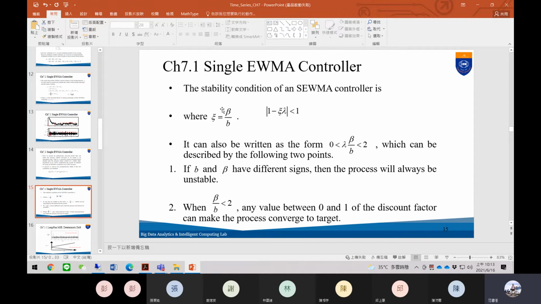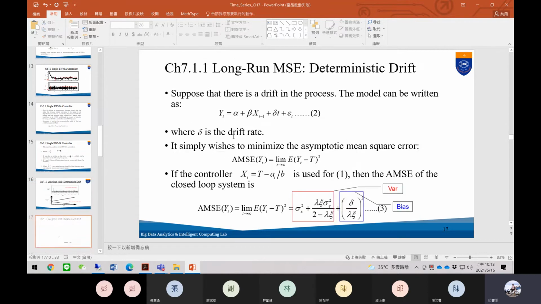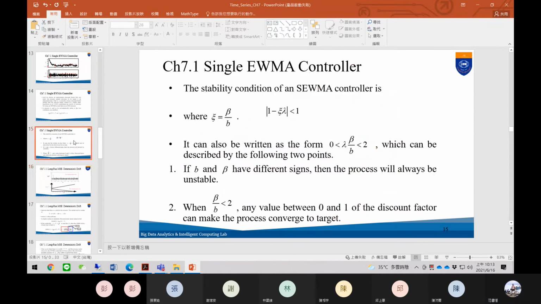The absolute value of 1 minus psi times lambda should be less than 1. It can be written in terms of lambda: if lambda is close to 1.0, then beta over b should be less than 2 in absolute value.